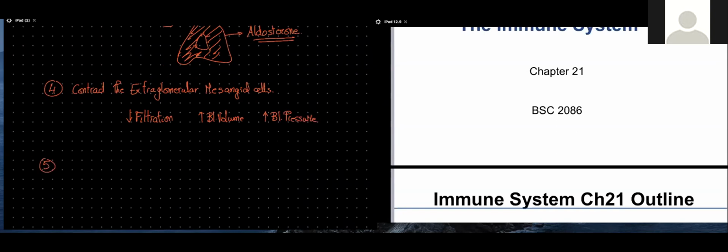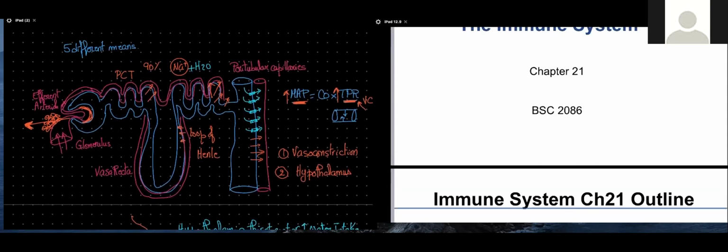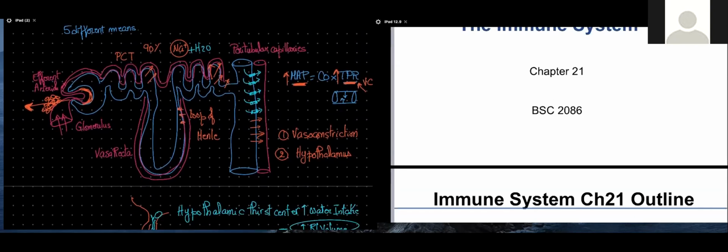Another action that we've stated for angiotensin II was to constrict the efferent arteriole. And if you remember, how is this going to allow you to increase the blood pressure?